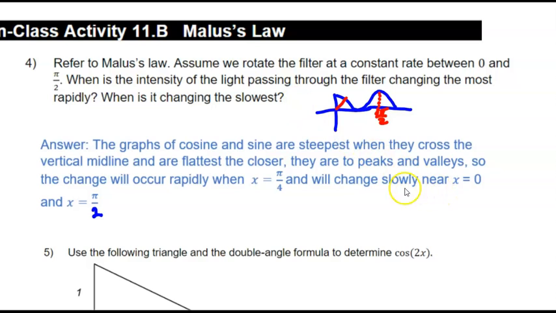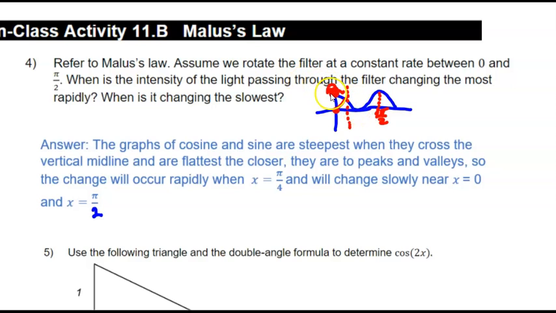Now, at x equals 0, we have the highest intensity. At this point, the change will begin to be made slowly. But you can see that the cosine and the sine are steepest when they cross the midline, and are fastest the closer they are to the peaks and valleys.